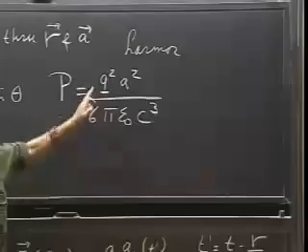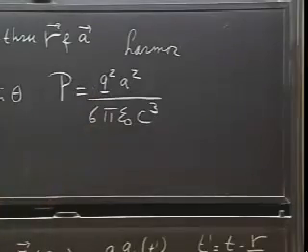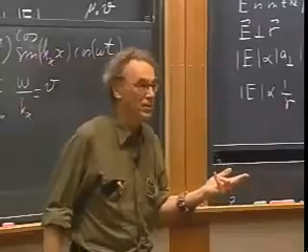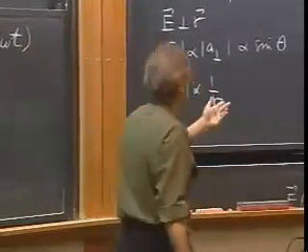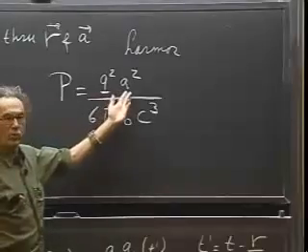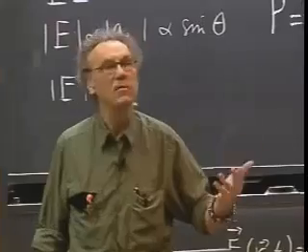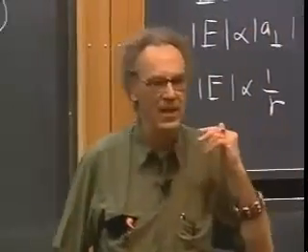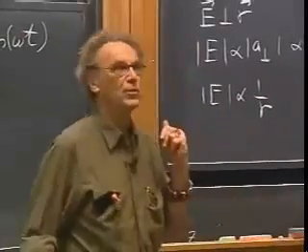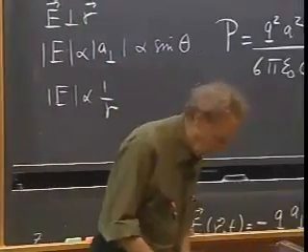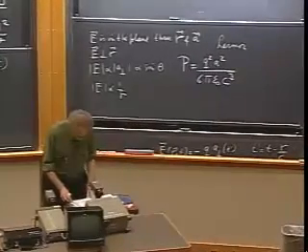That's how many joules per second you have to generate. It's obvious that it is proportional to Q squared, because E is proportional with Q, so B is also proportional with Q. So the Poynting vector will be proportional to Q squared. It's also obvious that there is an A squared, because E is proportional to A perpendicular, but nevertheless A, and B is also proportional to A. So it's no surprise that you get a Q squared and an A squared.